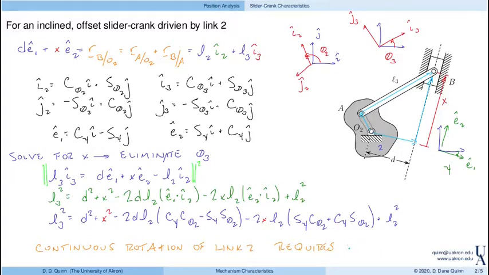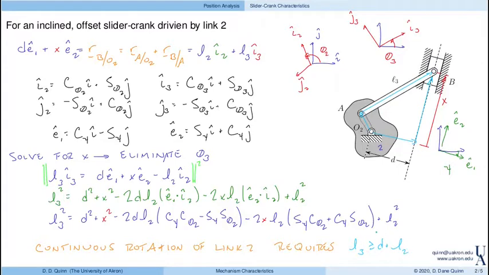And in particular, it requires that L3 is greater than D plus L2, really greater than or equal to. So if L3 is not long enough, then when link 2 is sort of opposite of this offset, it can't connect down. So basically link 3 has to be sufficiently long in this case so that link 2 can make complete rotations. And if it is, then this slider basically stays to one side or the other, depending on where it started with.